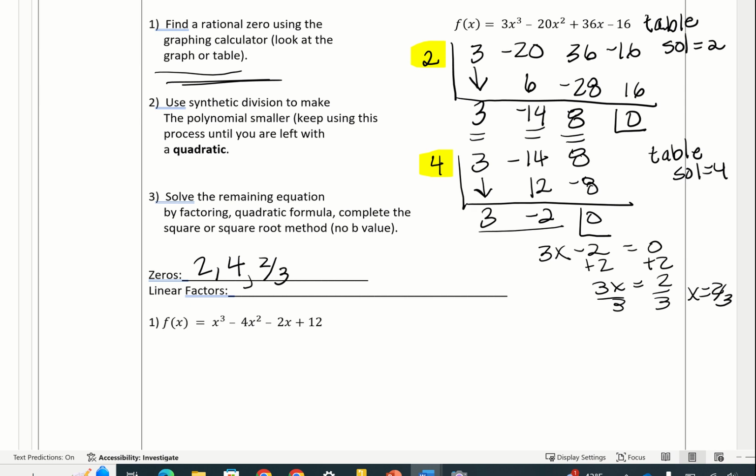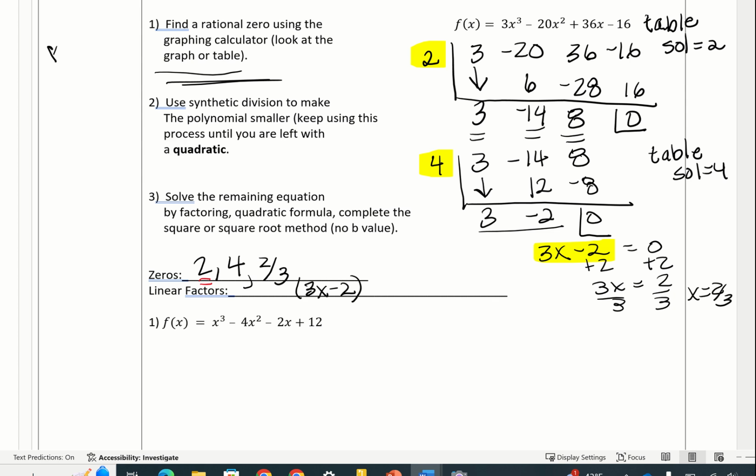Now, we should know the linear factors. One linear factor is this guy that you got at the end, that's 3x minus 2. Another linear factor, if you know the solution is 2, if you know this is a solution, its factor has to be x minus 2.